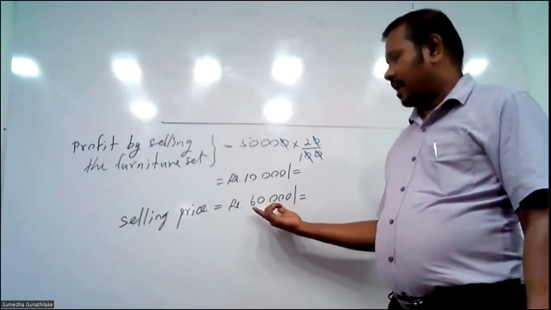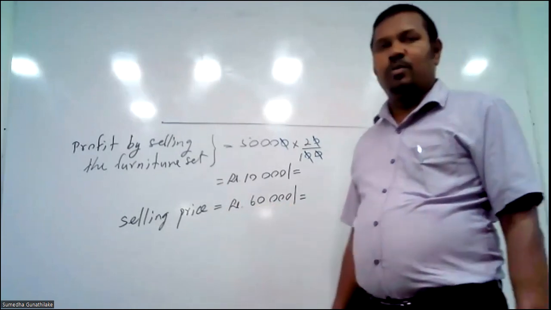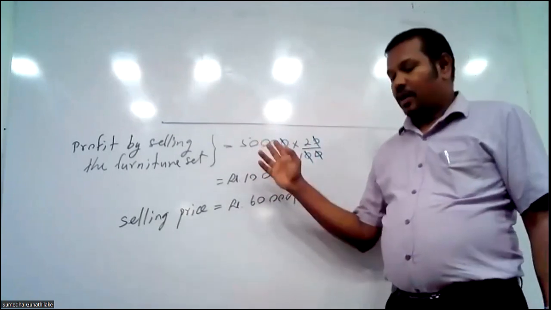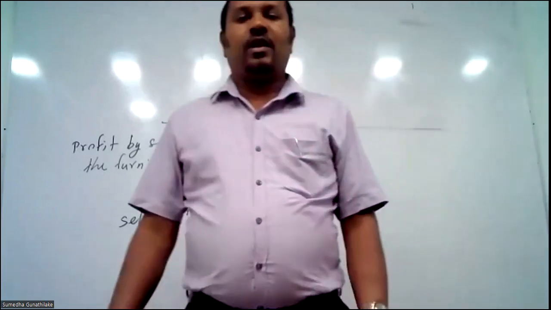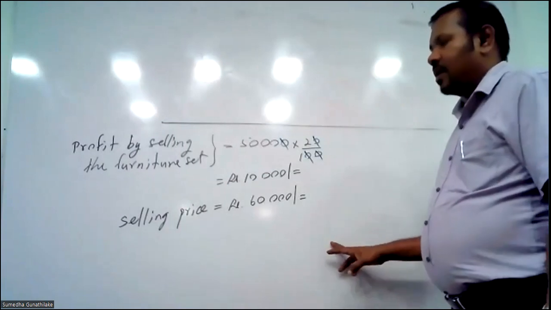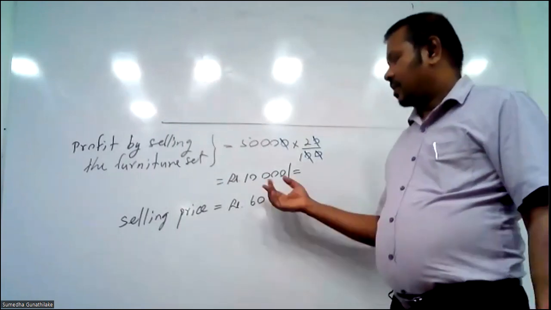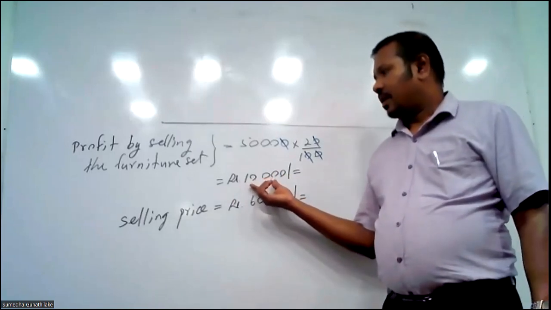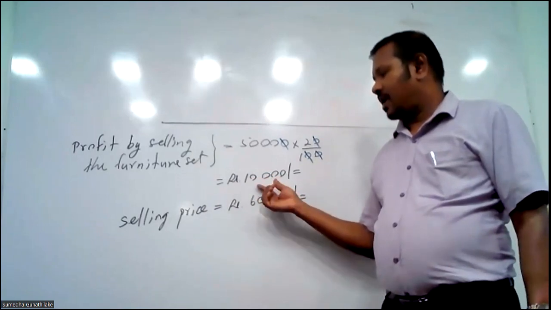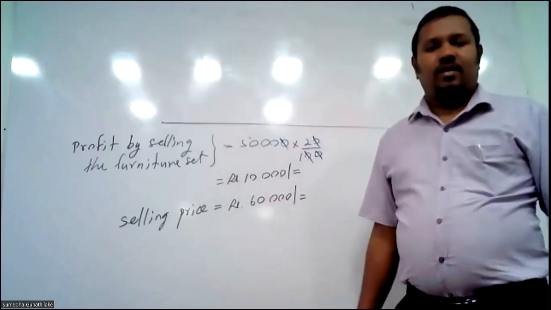And that is sufficient to get released from the loan after 2 months. That means he had to pay the loan, that is 50,000, and this profit should be paid as interest for the next 2 months.